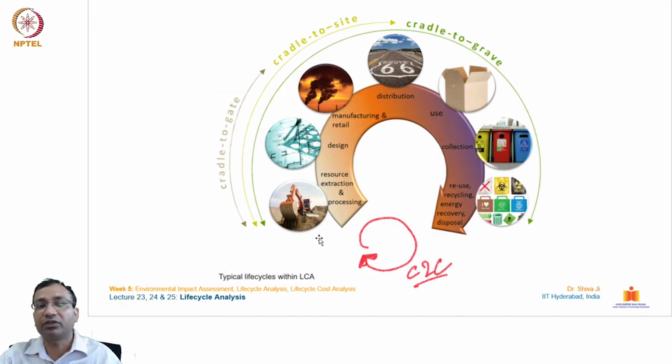From the ore mines to the manufacturing unit, this becomes cradle to gate. And from there to the place of its distribution, it becomes cradle to site. Then cradle to grave is until it is recycled, reused or disposed of.